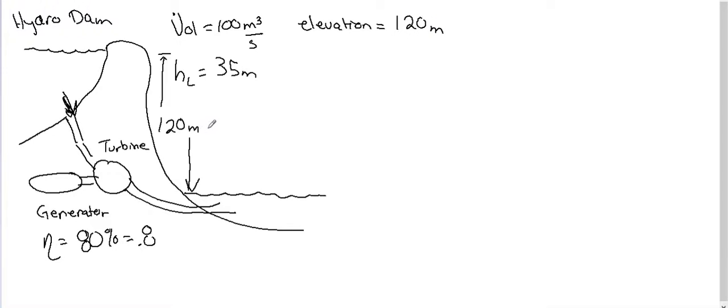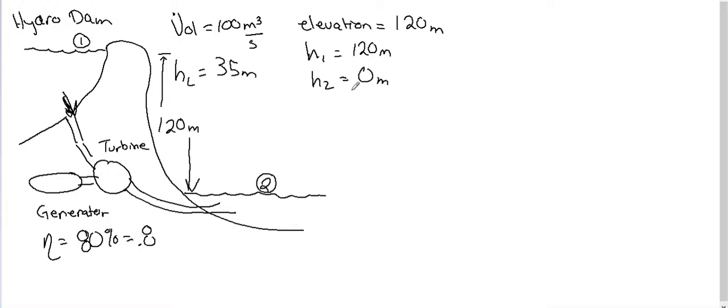So in a Bernoulli equation we always choose point 1 and point 2, and so we can choose point 1 here, and we can set one of them equal to 0 for the elevation, and of course the other one's going to be equal to 120 meters. So we'll just set here that h1 is equal to 120 meters, and that h2 then would be set to 0. So we have 0 down here and 120 meters up there.